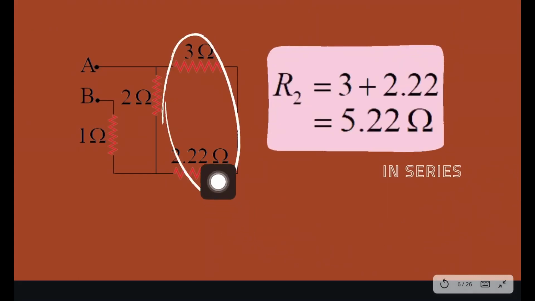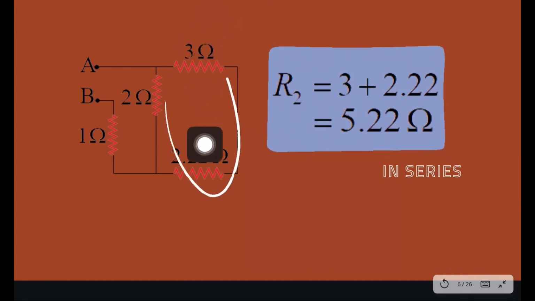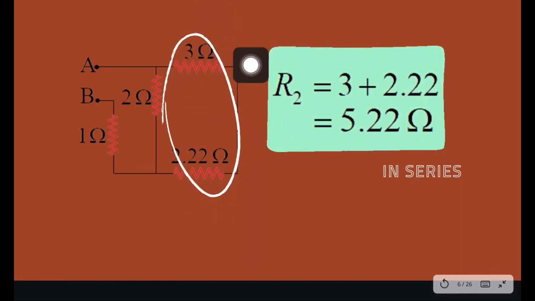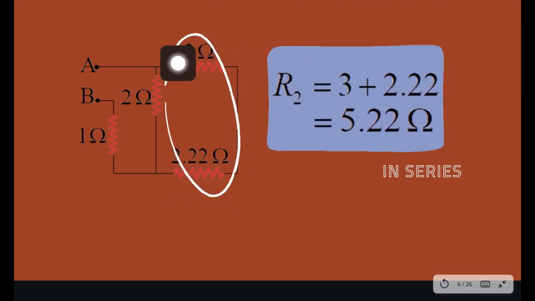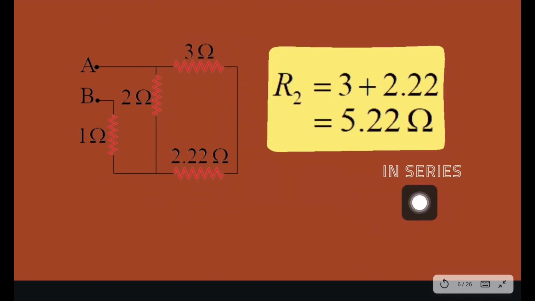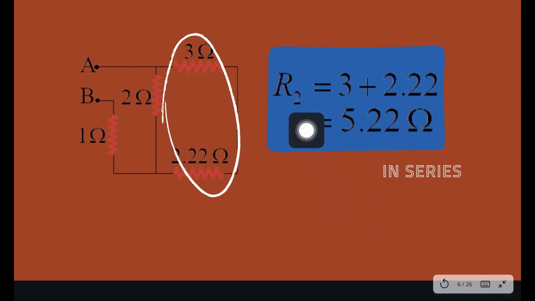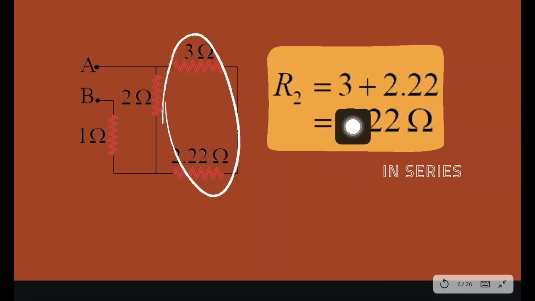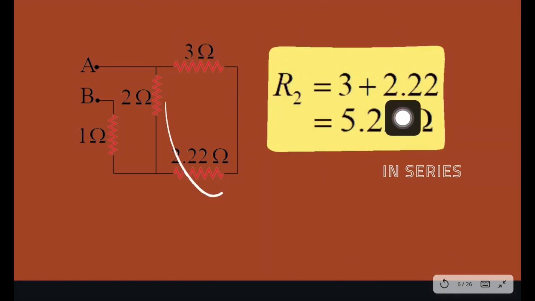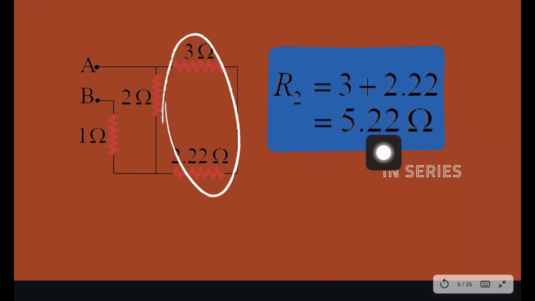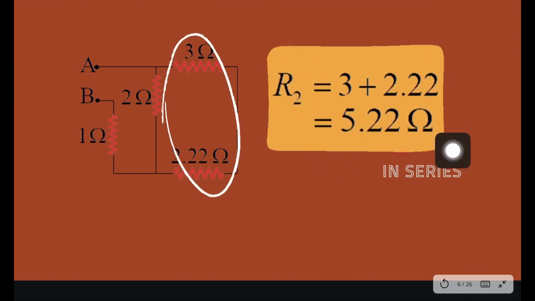Now we combine it with the next resistor, which is 3 ohm, connected in series. So R1 and 3 ohm are connected in series. R2 equals 3 plus 2.22, which is 5.22 ohm.